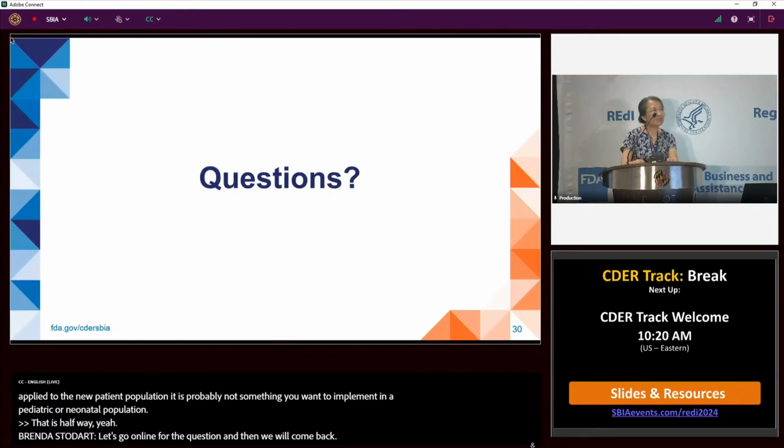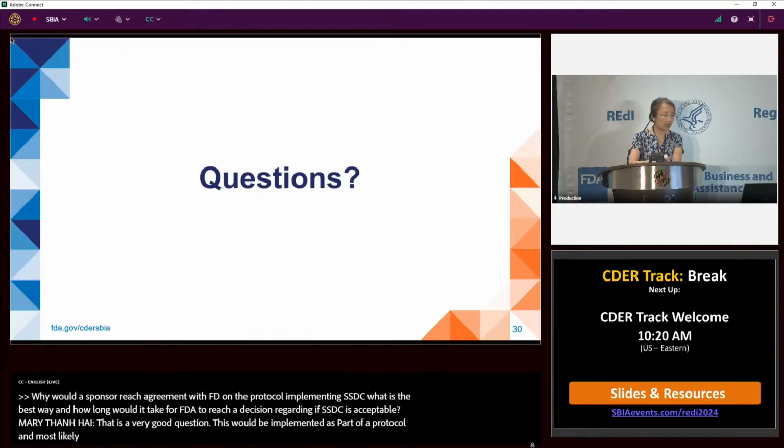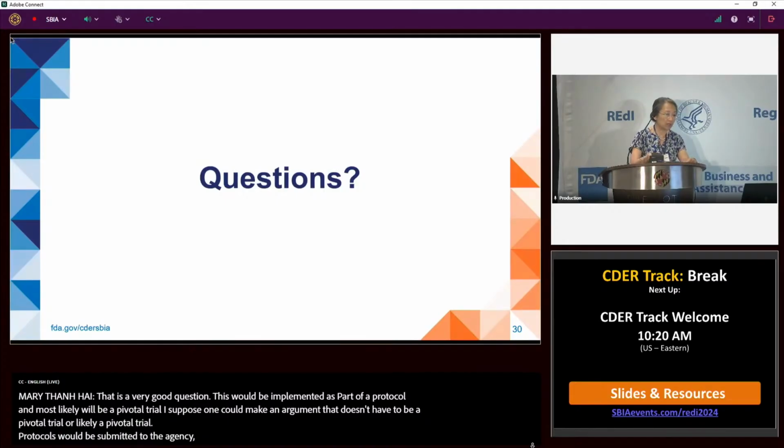Okay, so that's a very good question. This would be implemented as part of a protocol, and most likely it will be a pivotal trial. I suppose one could make an argument that it doesn't have to be a pivotal trial, but more likely it'll be a pivotal trial. Protocols would be submitted to the agency. You could flag it with specific questions as a submission to the agency.